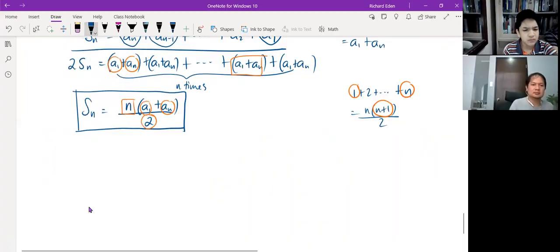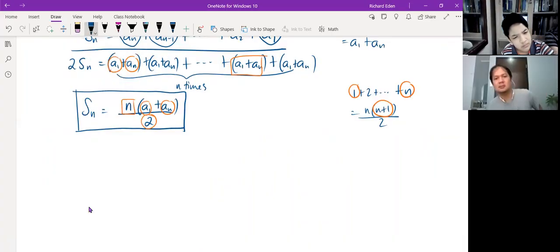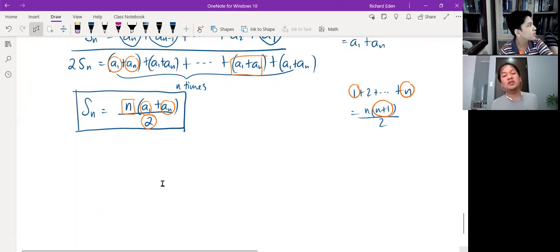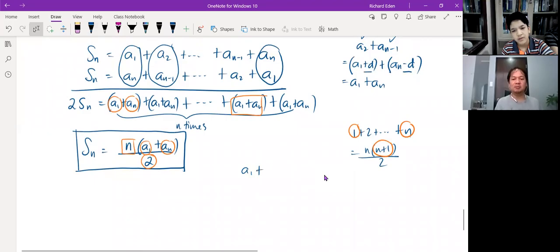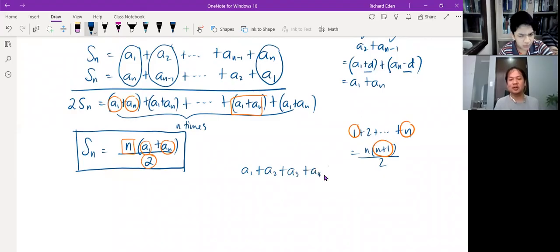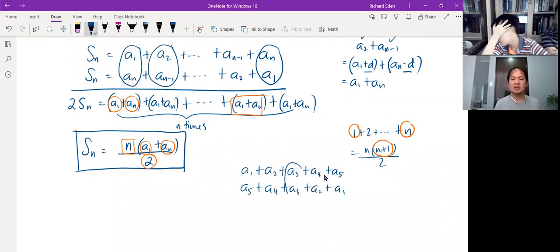That's for ano po, no? Yung even number of addends na po. Not really. Actually, even if odd number of addends, kasi kunwari you have a1 plus a2 plus a3 plus a4 plus a5. Mangyayari, if there are an odd number of terms, you're going to get double a3.